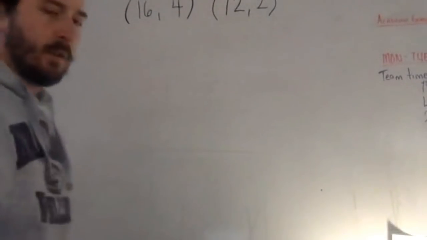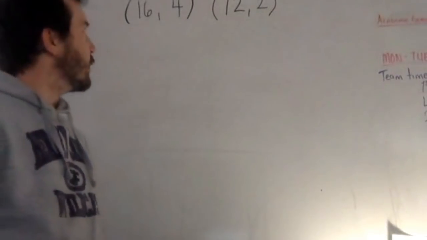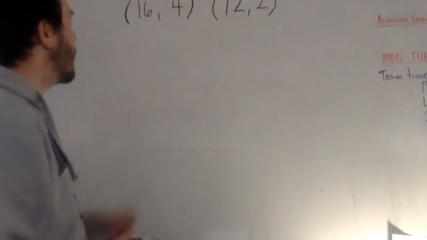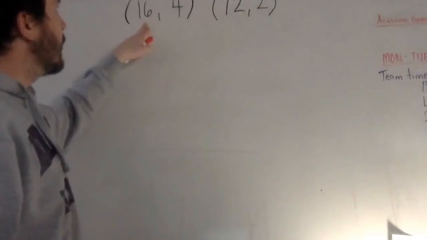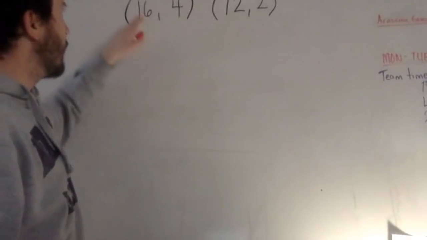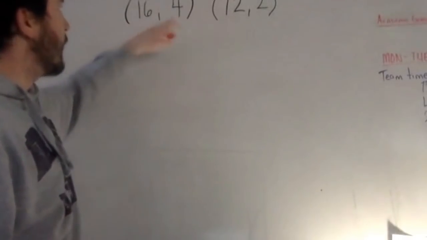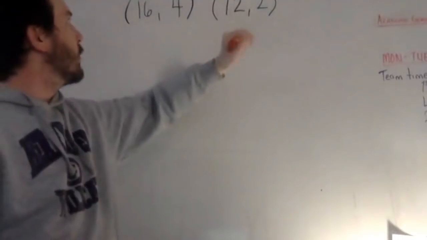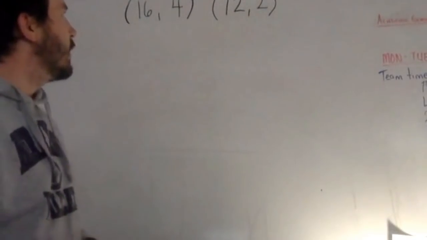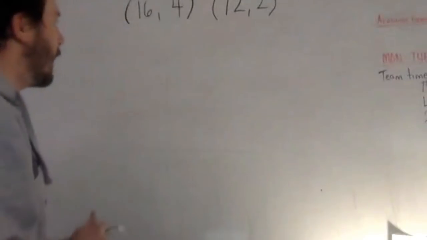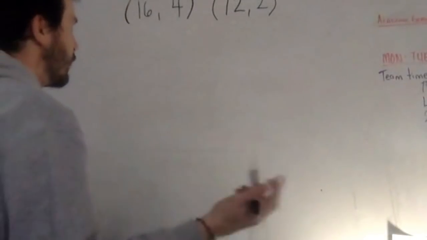We could put this into a situation where in 16 minutes a guy drove 4 miles, whereas in 12 minutes he only drove 2 miles, or he was 2 miles away from his house or something. So that's where we could use two coordinates.